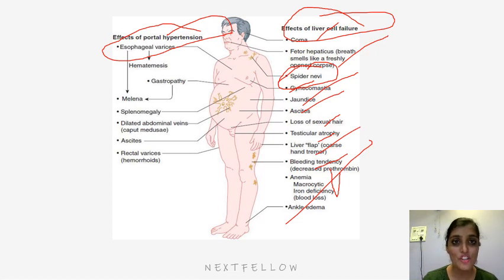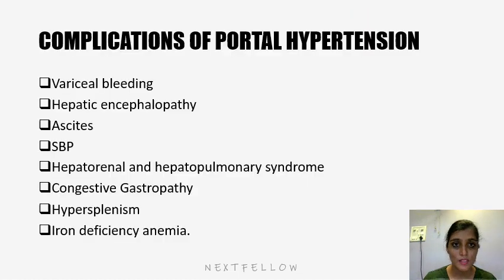Now coming to the effects of portal hypertension, the most important is esophageal varices, which will ultimately cause hematemesis. There will be gastropathy, there will be melena. Importantly, absence of splenomegaly almost rules out portal hypertension. So splenomegaly, dilated abdominal veins, also known as caput medusae, around the umbilicus, ascites and rectal varices or hemorrhoids.